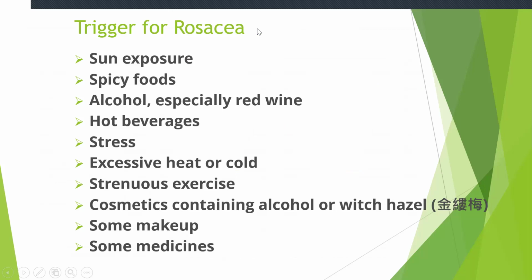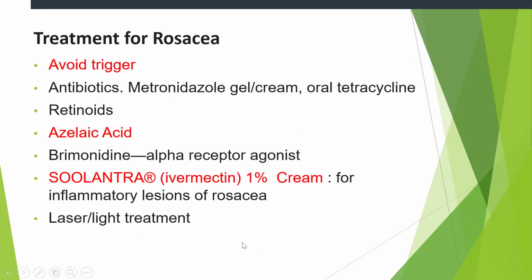Normally, there's a trigger for rosacea, because sometimes it's too much sun exposure, or when they have spicy food, or alcohol, red wine, stress, or excessive heat, or sometimes it's cold, or when people do too much exercise, or they're using different cosmetics, like witch hazel. I think it can cause something like an allergic reaction. Okay, or some makeup can cause an allergic reaction, or even some medication.